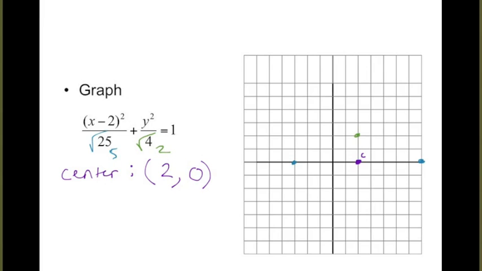And since it was with the y, it tells us about up and down. Connect around. The smaller ones are technically the co-vertices, and the bigger ones are the vertices. But you don't really need to label them. Questions about ellipses?